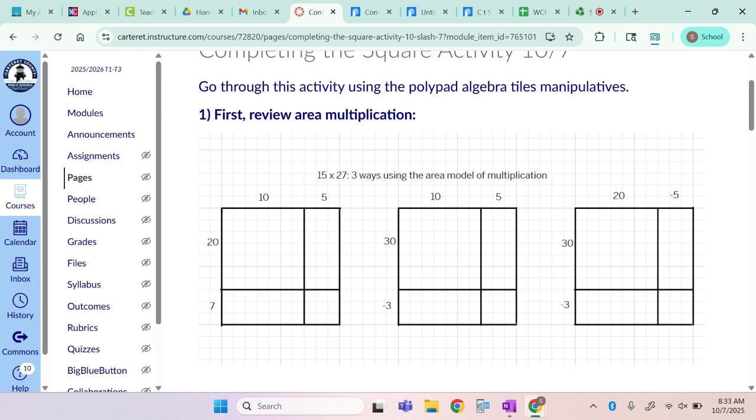Only one person needs to write out, but you can talk about it together. No calculator. All the stuff you guys can do by hand.